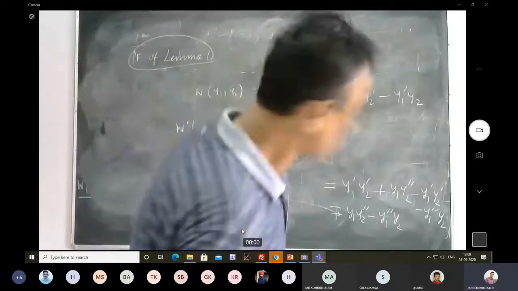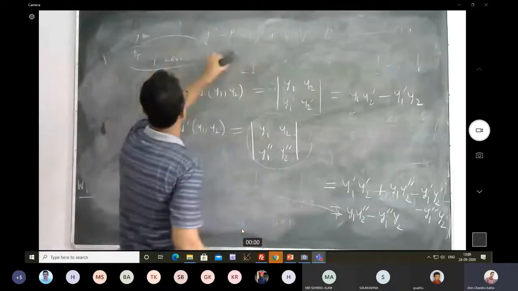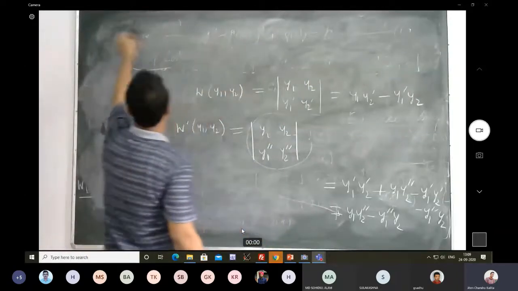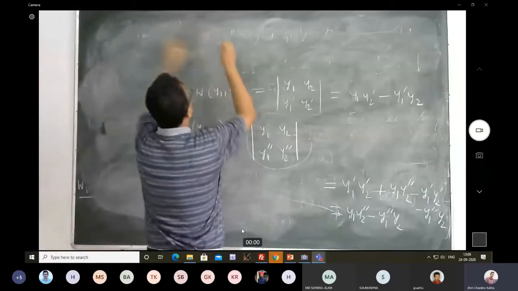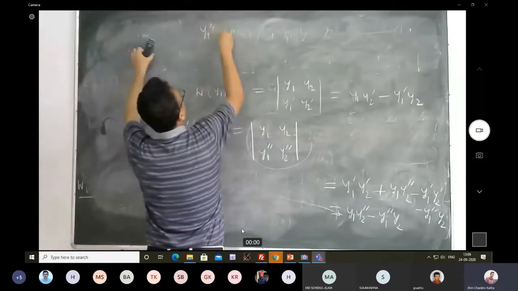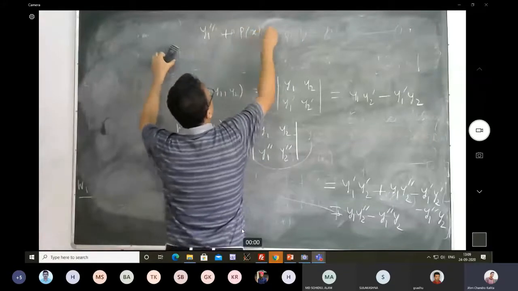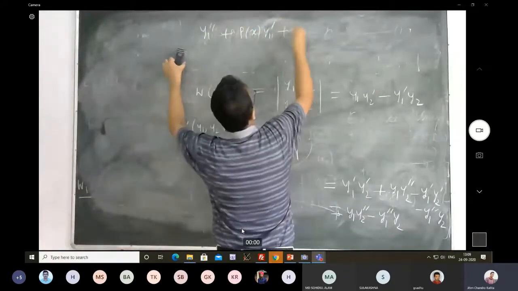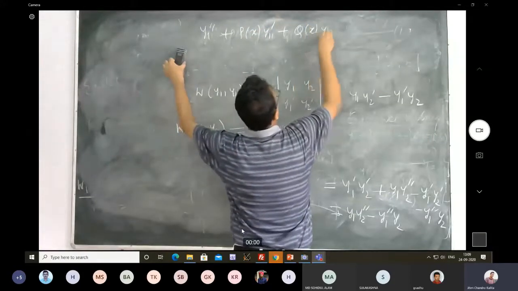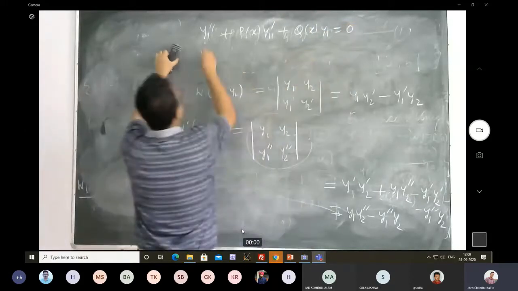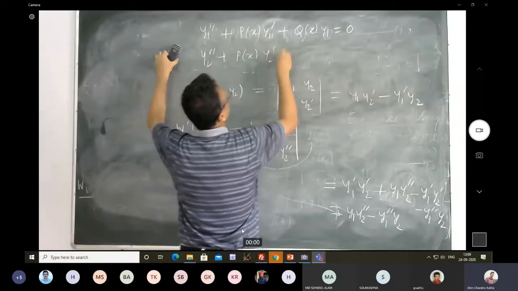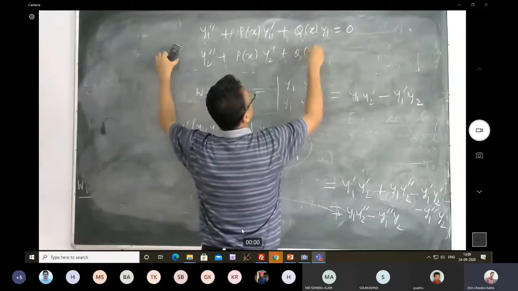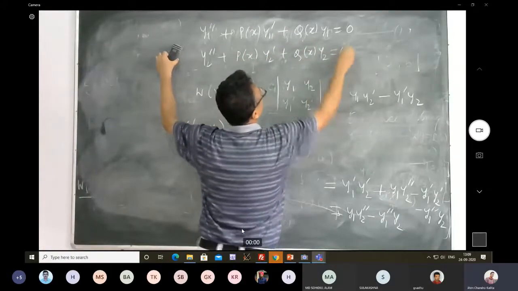So now you see one thing. This y1 and y2 will be solutions of that homogeneous equation, right? So y1 double prime plus px y1 prime plus qx y1 is equal to 0, and y2 double prime plus px y2 prime plus qx y2 is equal to 0.